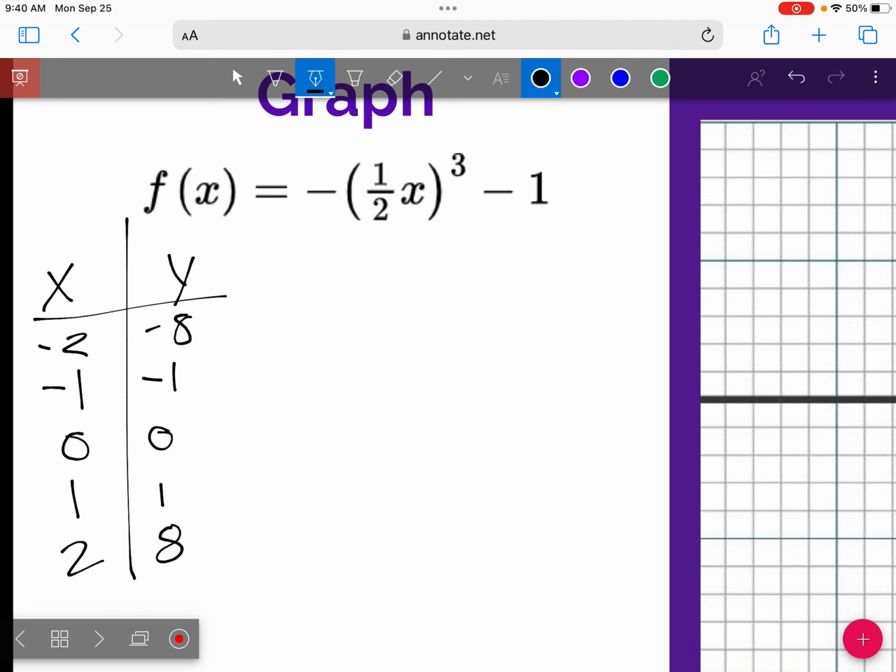It's the same parent function, so it's the same parent table.